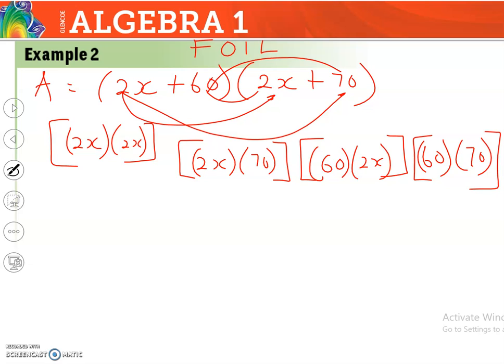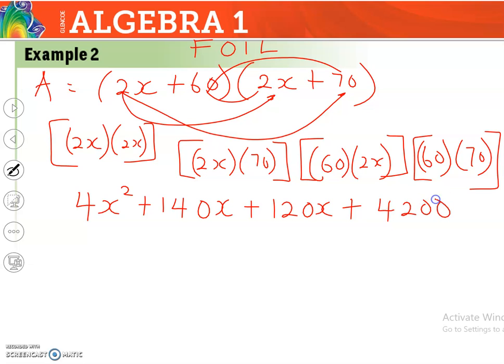Well, in that case 2x times 2x will give us 4x squared, and 2x times 70 will give us plus 140x, and 60 times 2x will give us plus 120x, and 60 times 70 will give us 4,200.